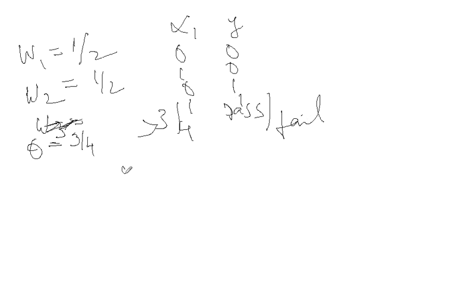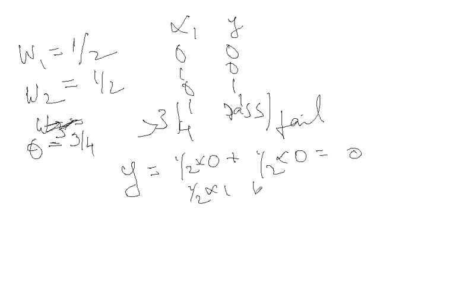If you compute with W1, X1, half of 0 plus half of 0, that is 0. In the next case, half into 1 plus half into 0 is again half.